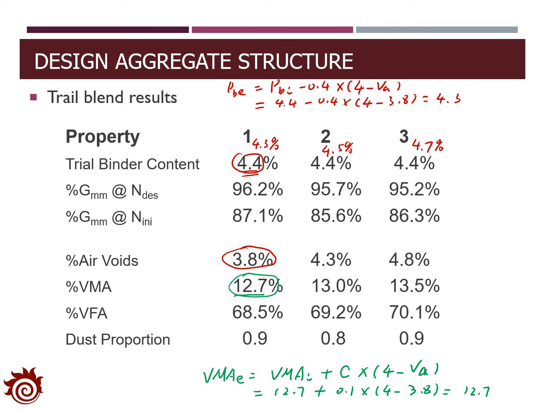For the VMA, we have the value as 13% for trial 2, which is the same, and for trial 3, it becomes 13.3%. And we will have the modified air voids all as 4%. And we will use the updated values to check which one is appropriate for the aggregate structure.